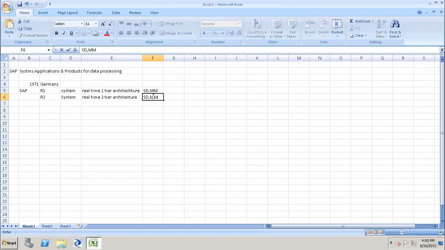Initially they started with SD and MM. Later on they came up with different business processes, that means finance transactions and HR transactions can be performed using R2. And after that they came up with the R3 system, which is again, controlling.